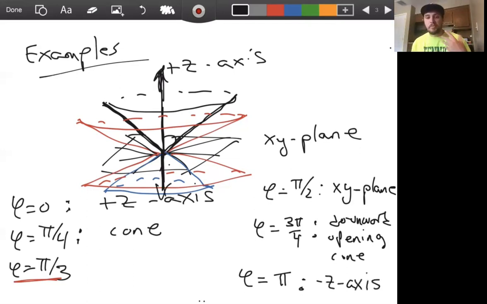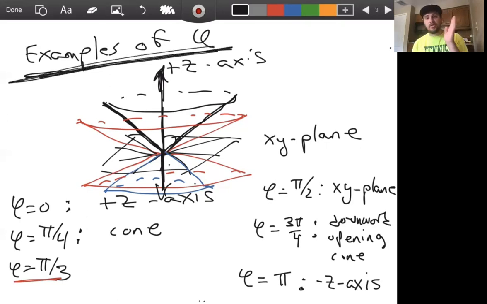And so hopefully this helps you picture what phi is doing and why it can only be between 0 and pi, because every value of phi gives you a cone where the sides are at whatever specified angle phi has given you.